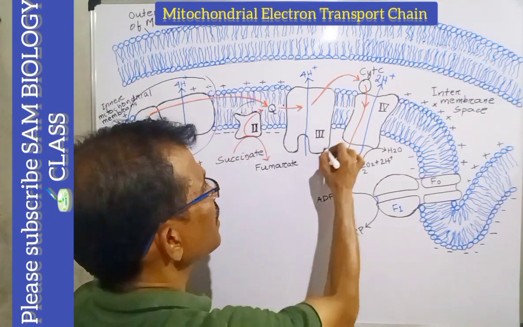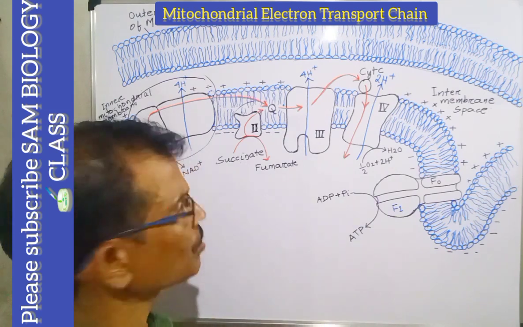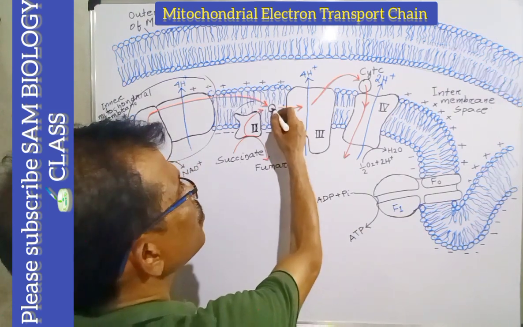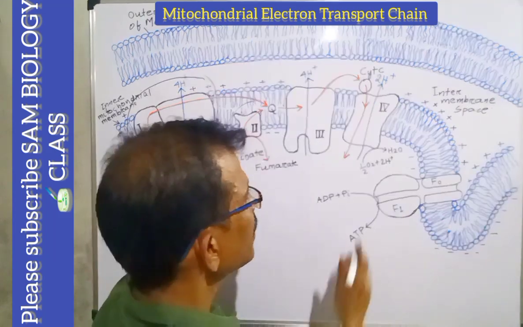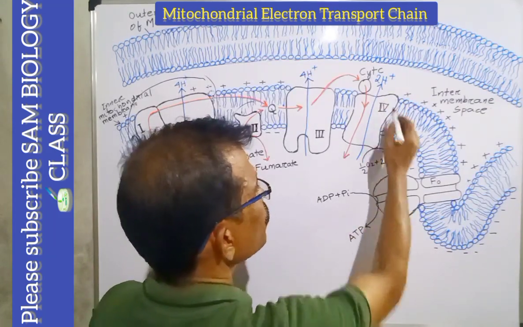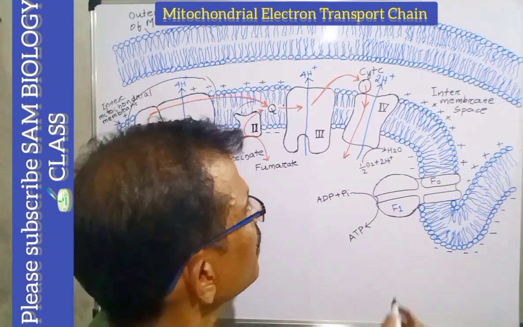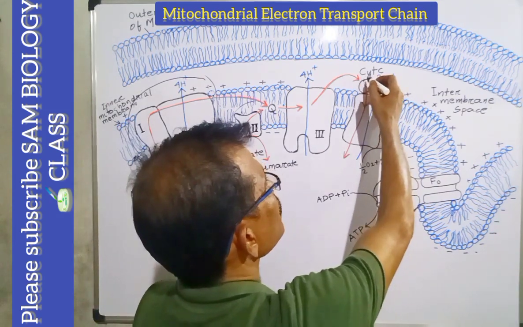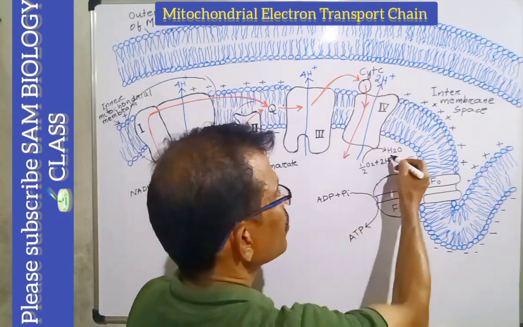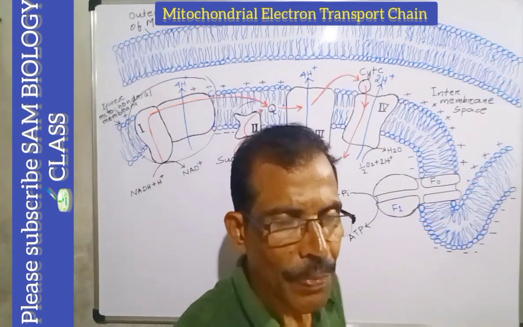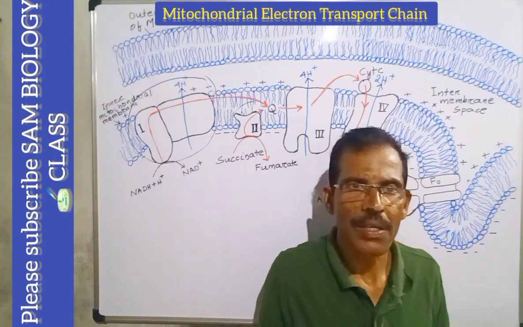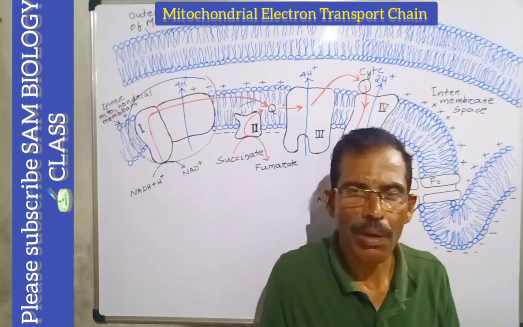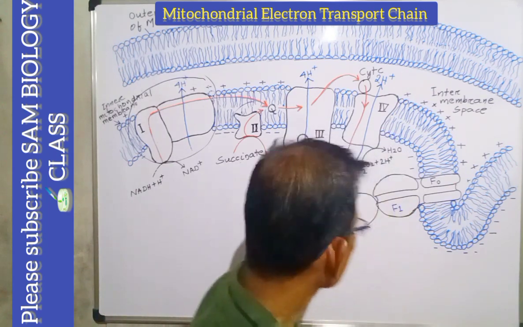And complex 3 transfers electrons from reduced ubiquinone to cytochrome C, and finally it is complex 4 which completes the sequence by transferring electrons from cytochrome C to molecular oxygen. Now let us know more about the electron carriers and the pathway of electron transport.